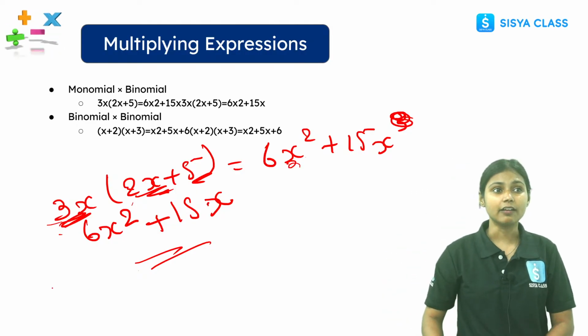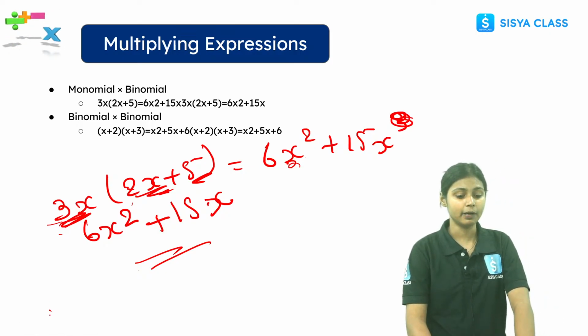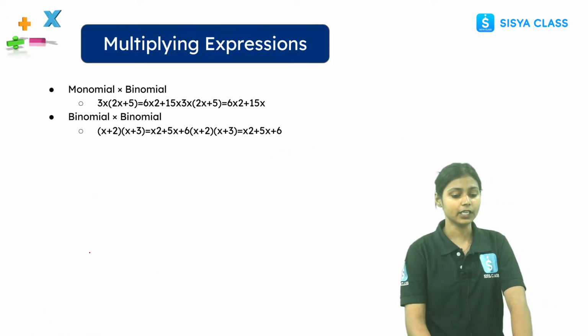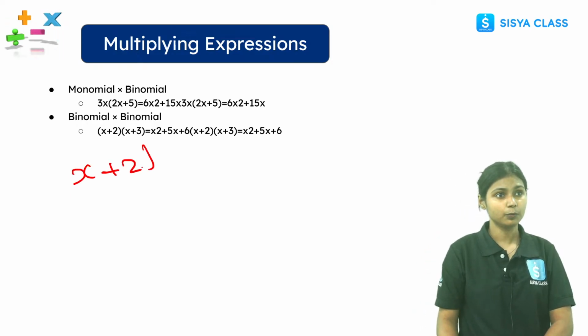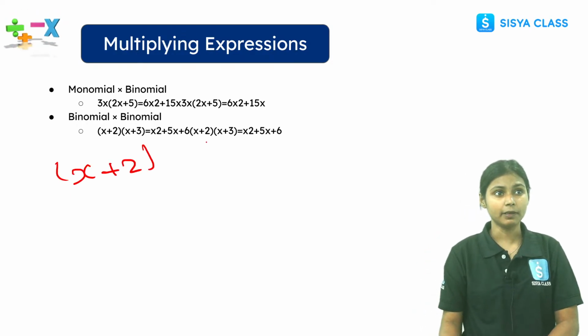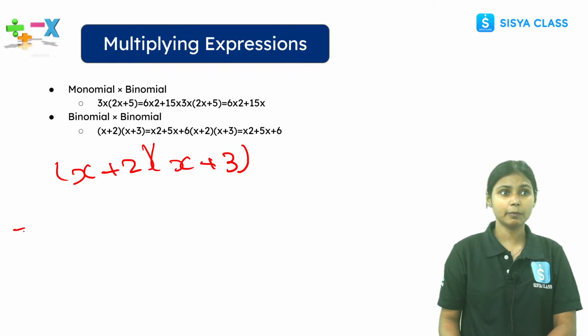And then we are having the second expression, where a binomial will be multiplied by a binomial. So in this case, x plus 2 multiplied by x plus 3. So what will it be basically?